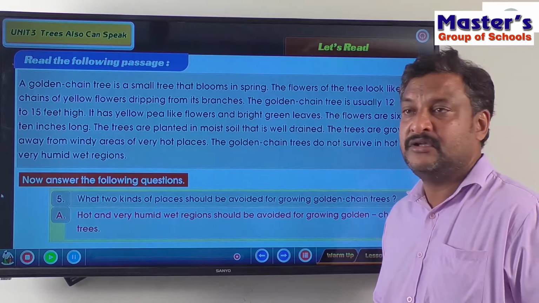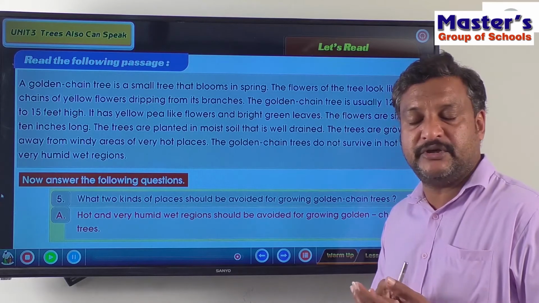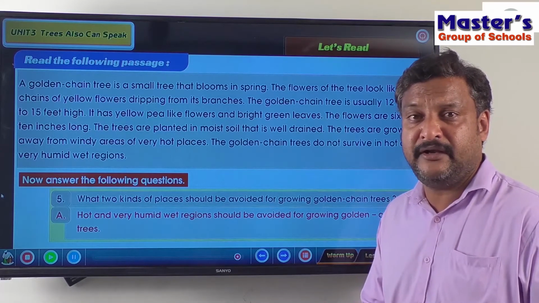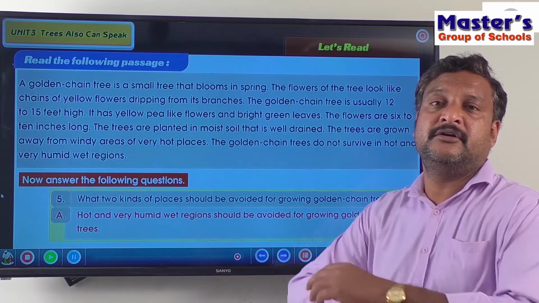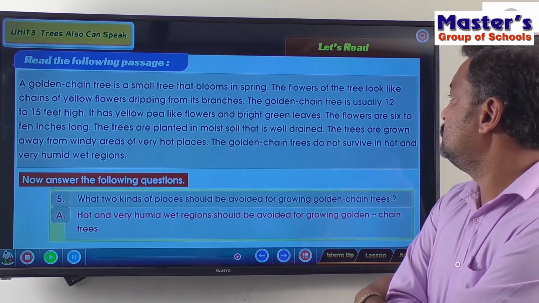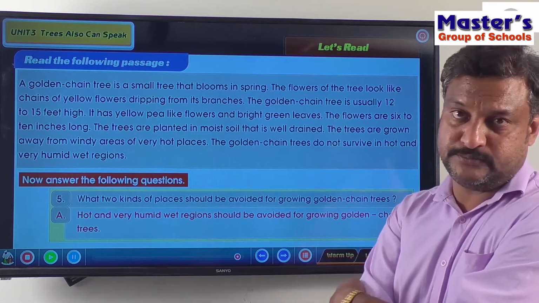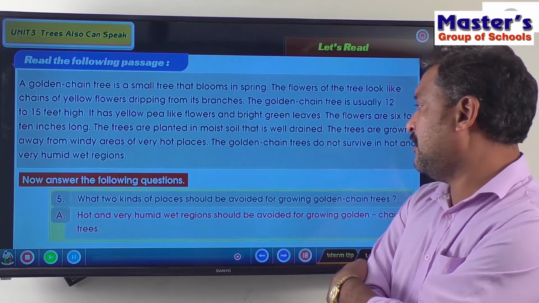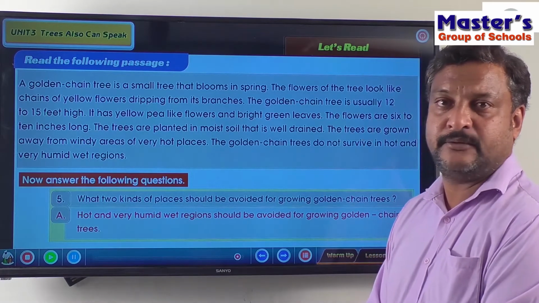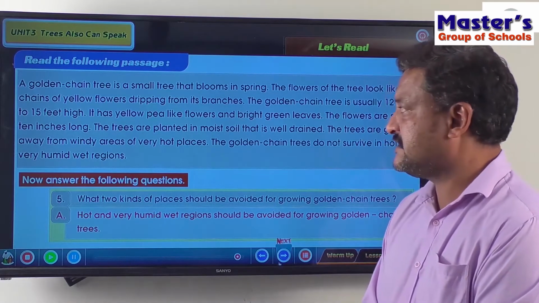Hot regions. Then, humid and wet regions. Hot regions and humid, wet regions should be avoided for growing the golden chain tree. Right? So, those are the questions that we had from this part of Let's Read. Okay. Now, we'll go on to the next section.